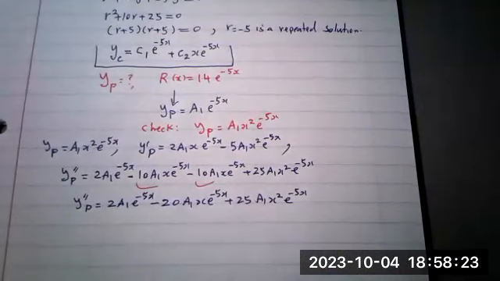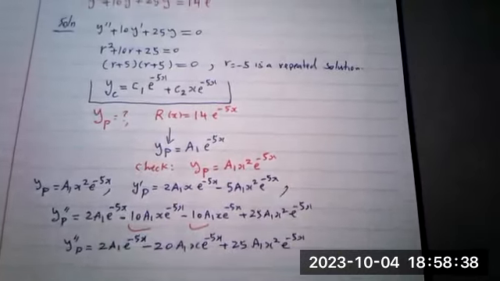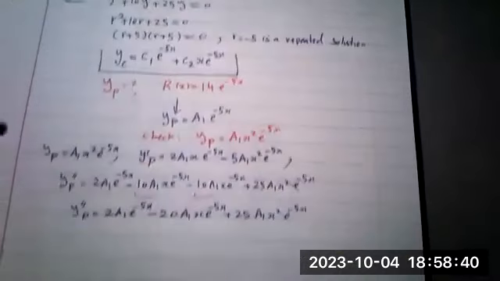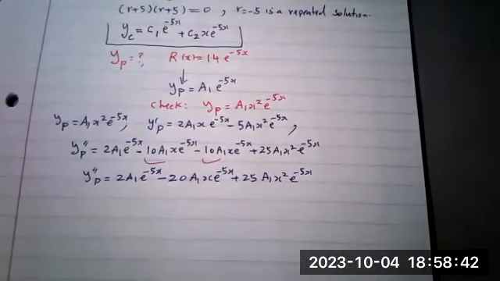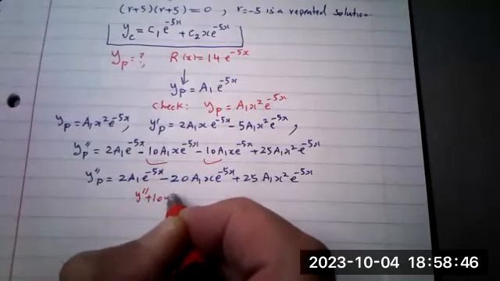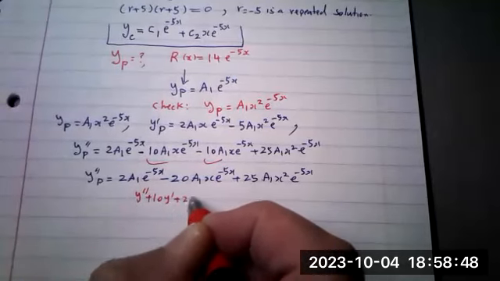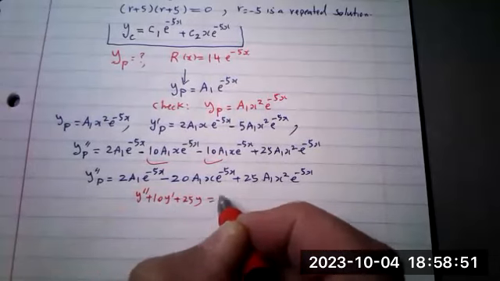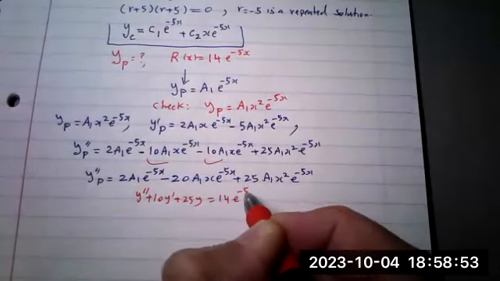Now you have to go back and substitute everything into the non-homogeneous equation and get this coefficient A1. There's only one parameter, right? It takes time to find it. So there you are, I'm going to substitute here. We are going to substitute in this equation: y double prime plus 10y prime plus 25y equal to 14 e to the negative 5x.